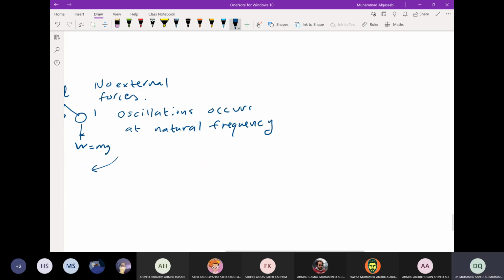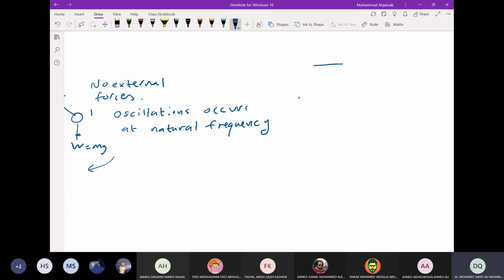If you have a pendulum with a cord of this length, or a longer pendulum, then the frequency of oscillation in free vibration will not be the same, because this is L1 and this is L2, and L2 is greater than L1.